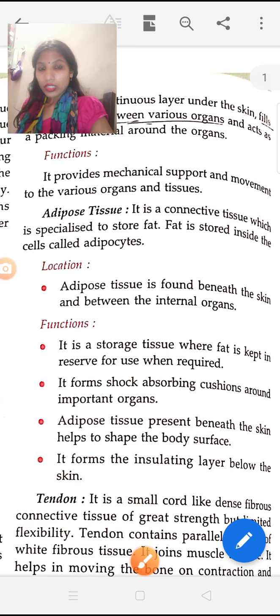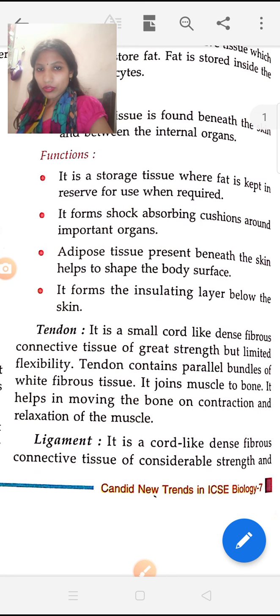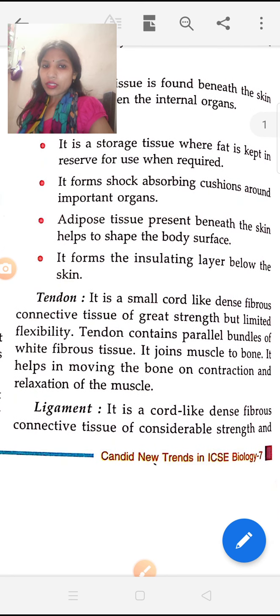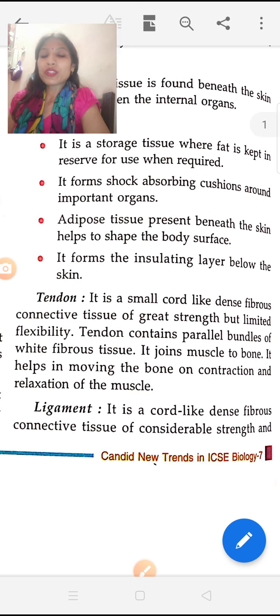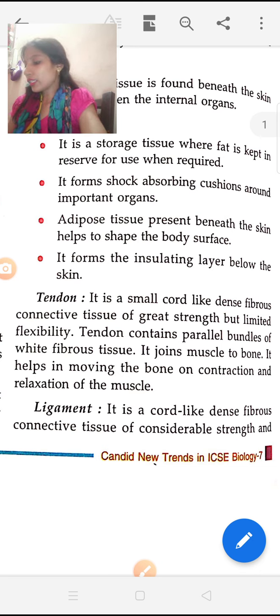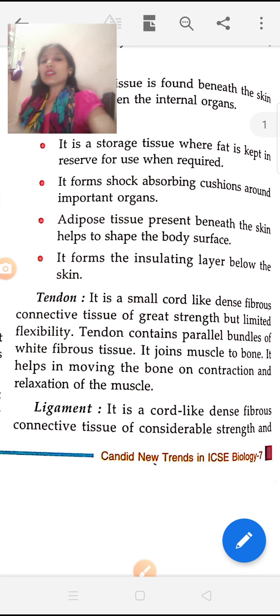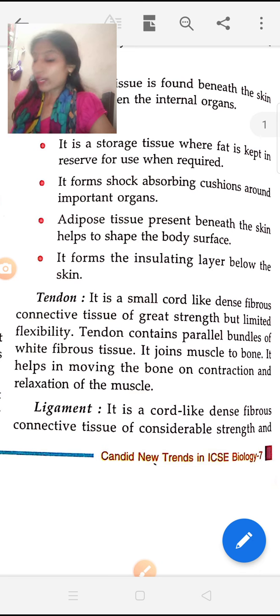The next tissue that comes is the tendons. It is a small cord-like structure. The tendons and the ligaments are both examples of fibrous connective tissue, right? The tendons contain white fibers, and the white fibers are known as the collagen, that you know, right?